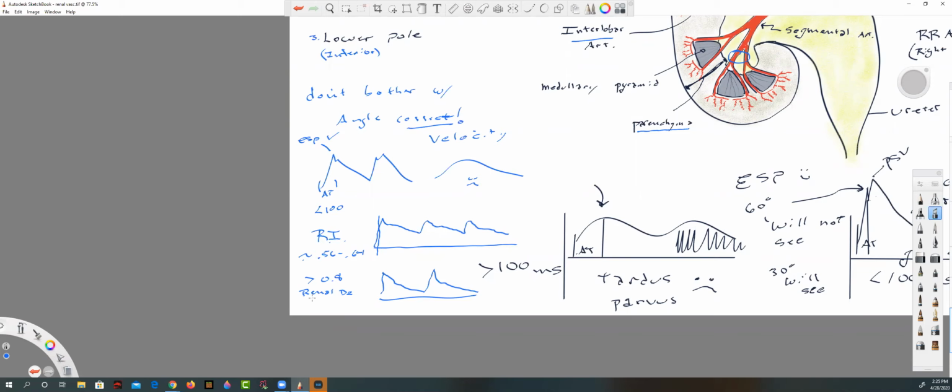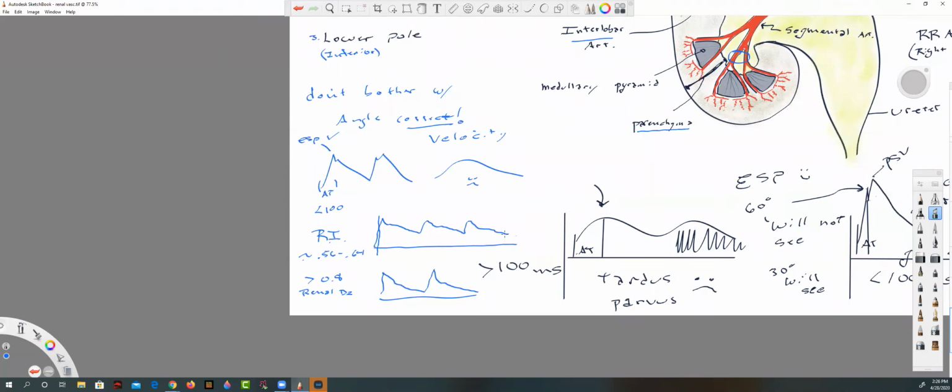And just like a liver has low resistance until it has cirrhosis, and then the resistance goes higher, in a kidney with renal disease, the resistance goes up. And so a high resistance can be an indication of renal disease.